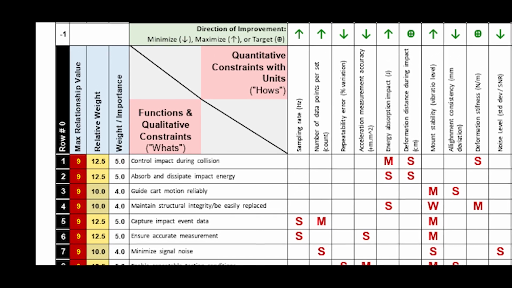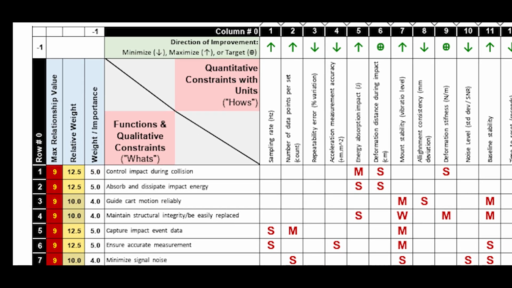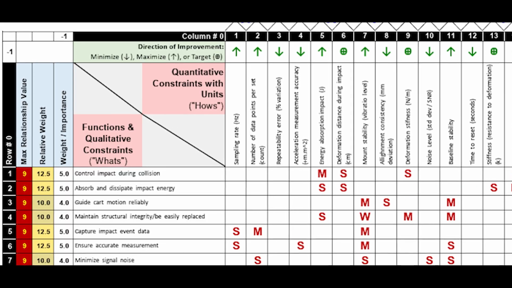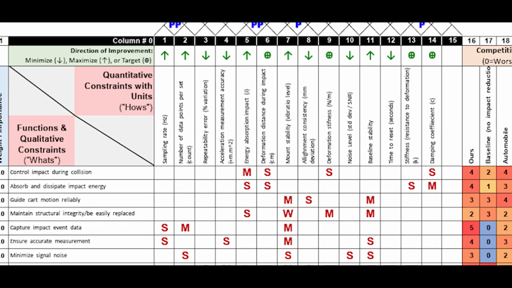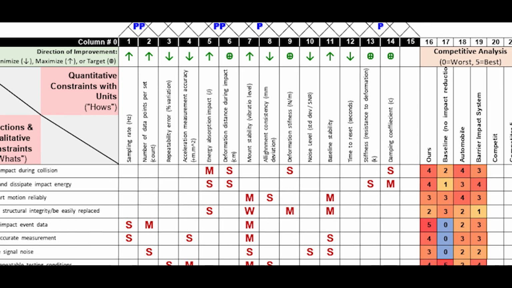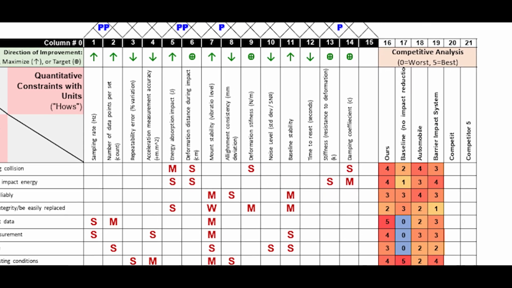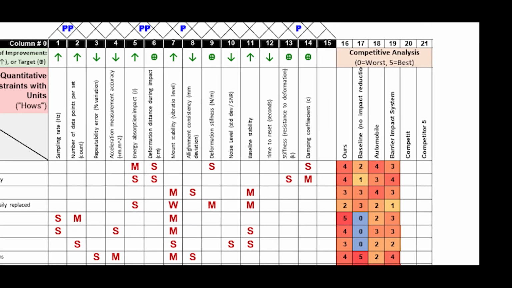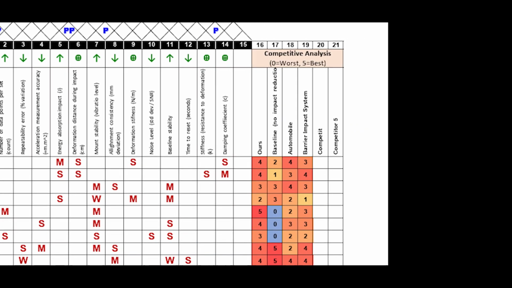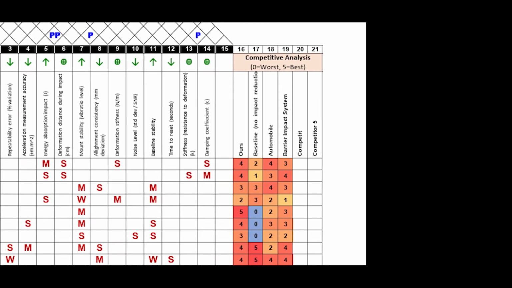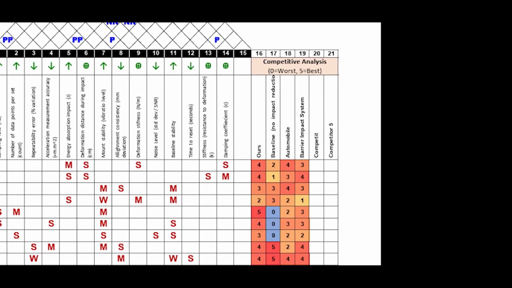The primary customer objectives included accurate data collection, repeatability, impact attenuation, structural durability, and ease of operation. These objectives were then related to engineering variables such as dampening coefficient, deformation distance, sampling rate, stiffness, mount stability, and alignment consistency.